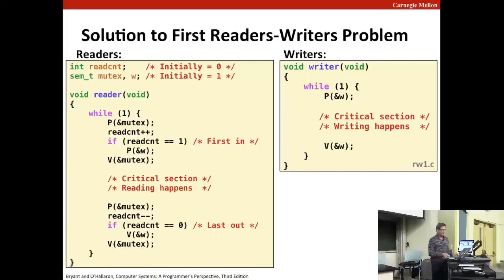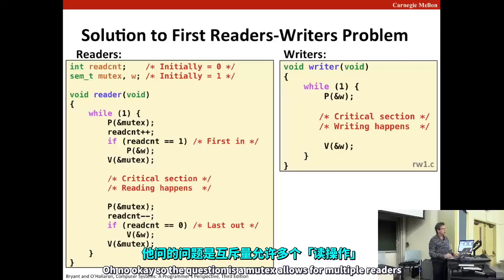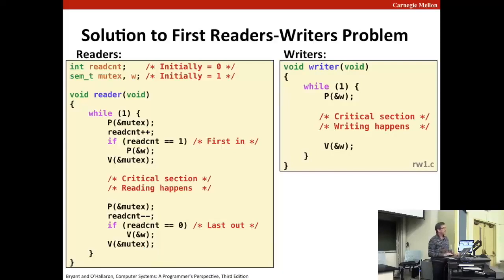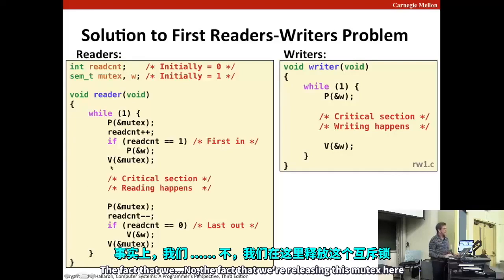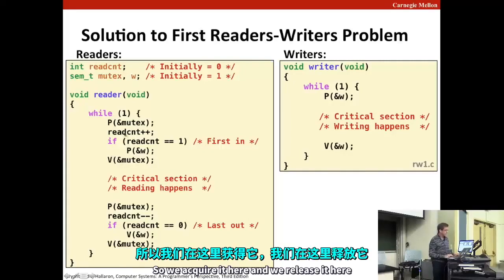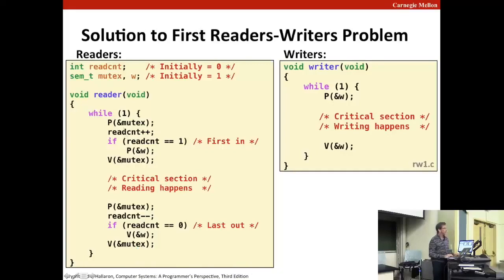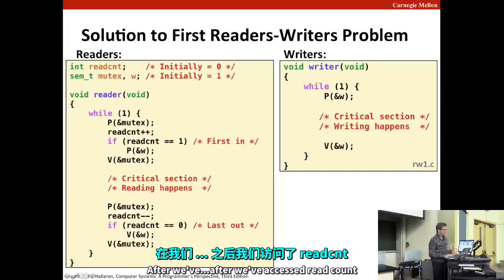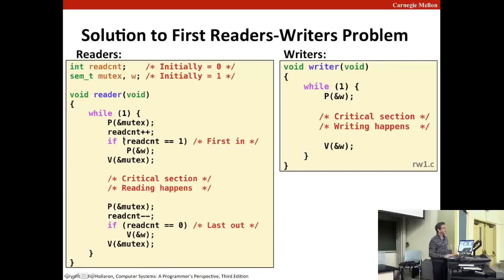Okay, so I have a question. Just to be clear, the mutex allows for multiple readers? The question is whether a mutex allows for multiple readers. The fact that we're releasing this mutex here, this mutex is only protecting access to read count. So we acquire it here and we release it here after we've accessed read count.